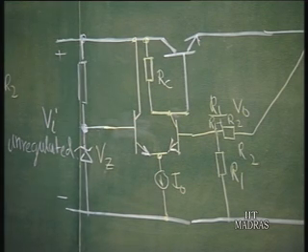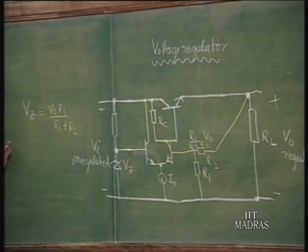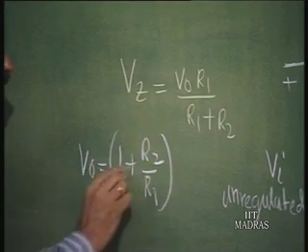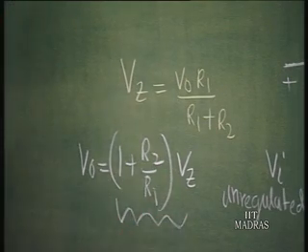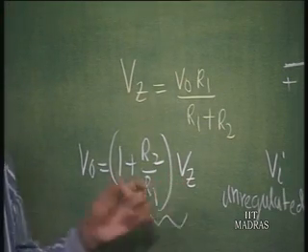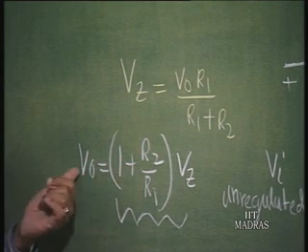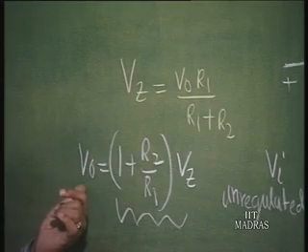So, now let us see what exactly happens. V z is equal to V naught into R 1 by R 1 plus R 2. So, V naught therefore, essentially is equal to 1 plus R 2 by R 1 times V z. So, depending upon V z, once V z is fixed, we can always find out what R 2 by R 1 should be in order to get the required regulated output voltage.